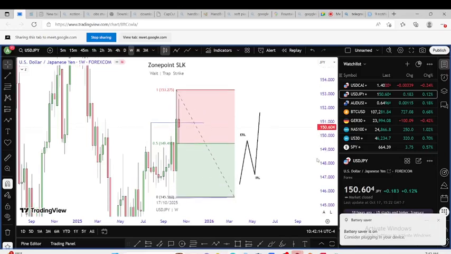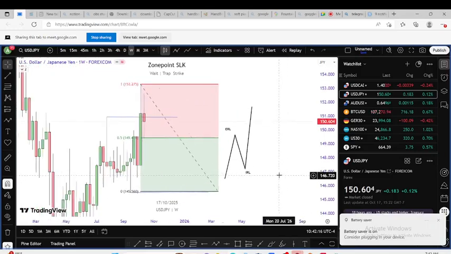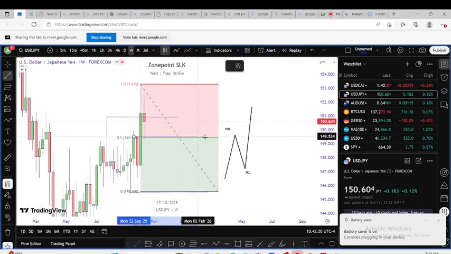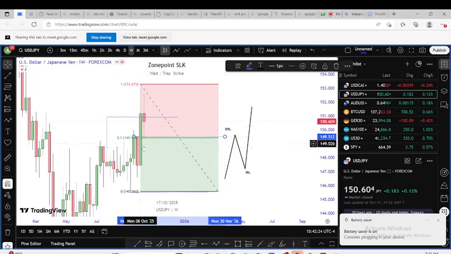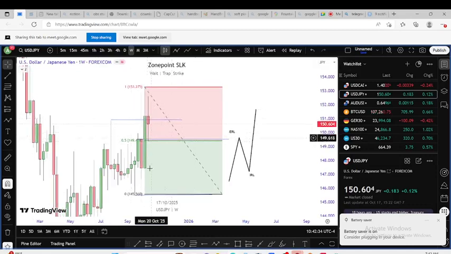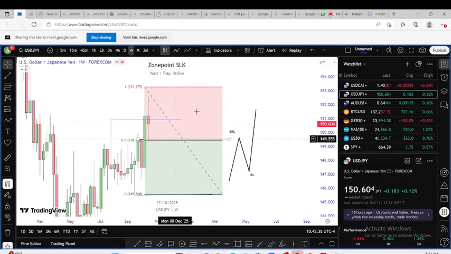Some traders will want to use this key level as a key level, and I think I did something like that last week when we were analyzing that we are in a buy zone. I think I made a mistake. I did not draw this fib right. So this level is still in a sell zone.